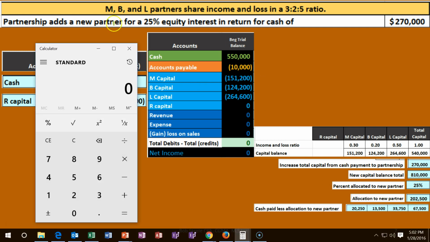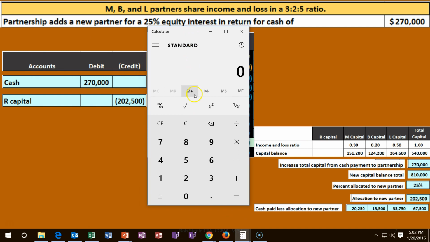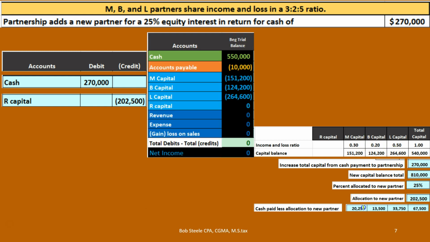So that means that we have this 67.5 difference. If we look at the calculation here, what is happening is that the new partner is receiving $270,000 in cash, and they're giving R a 202,500. Therefore, we have this 67,500 that we need to allocate to M, B, and L in accordance with their profit sharing ratios. So we've got the 67,500. We're going to multiply times 0.3, 30%. That gives us the 20,250 right there. And then we're going to do the same thing here.